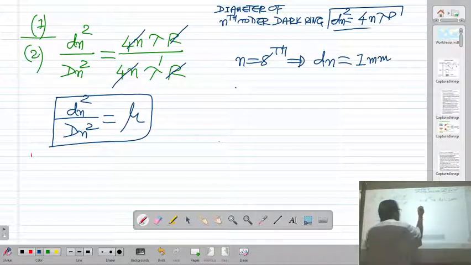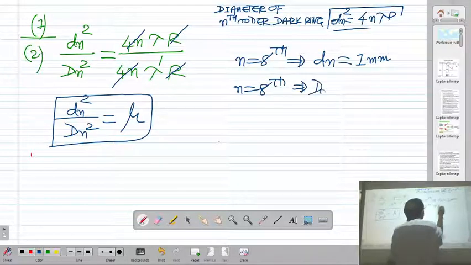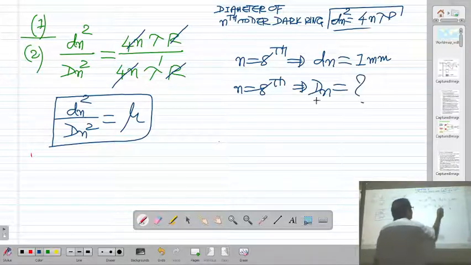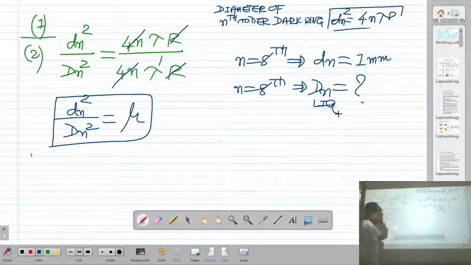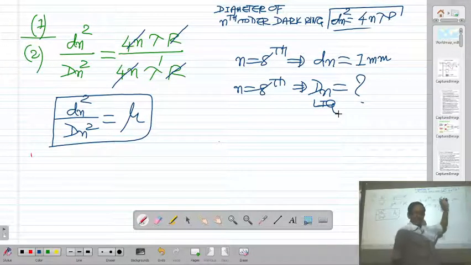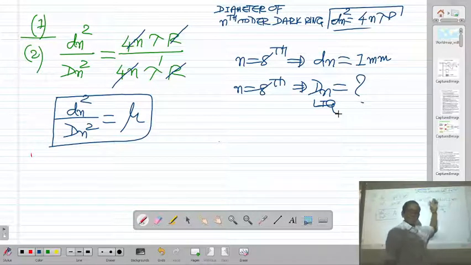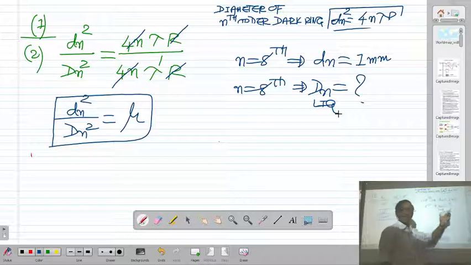And capital Dn is the diameter of the nth order dark ring in liquid that we want to calculate. You are given the diameter of the 8th dark ring in air, 1 mm, and you are asked to calculate the diameter of the 8th dark ring in liquid, capital Dn.